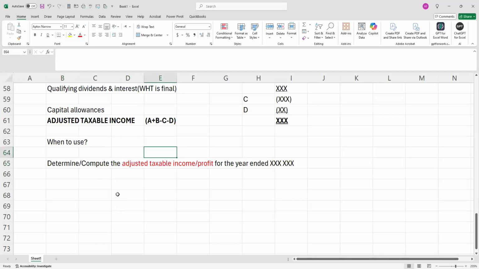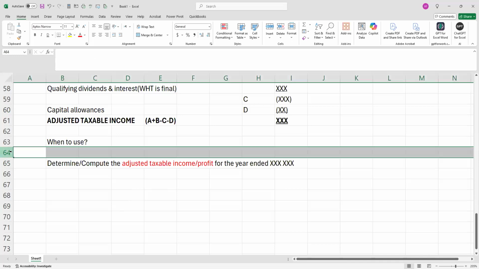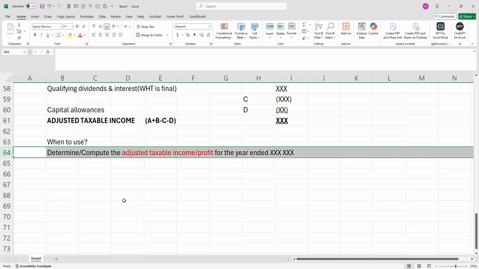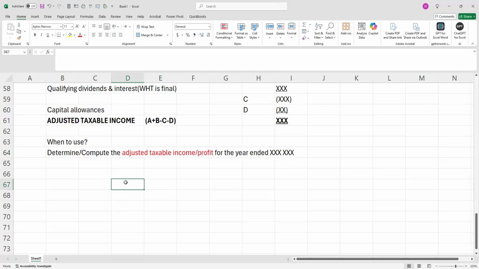Determine or compute the adjusted taxable income for the year ended that, and you're not given any other further instruction.